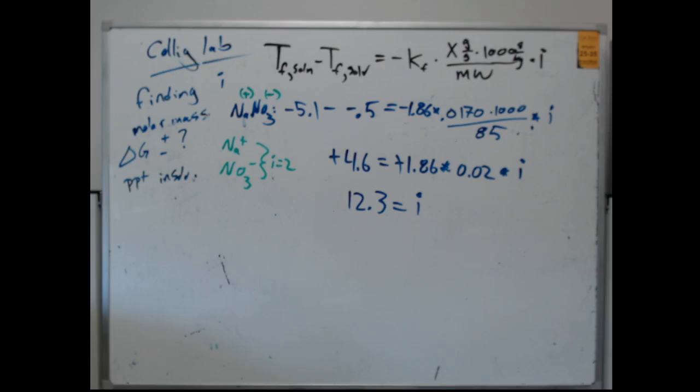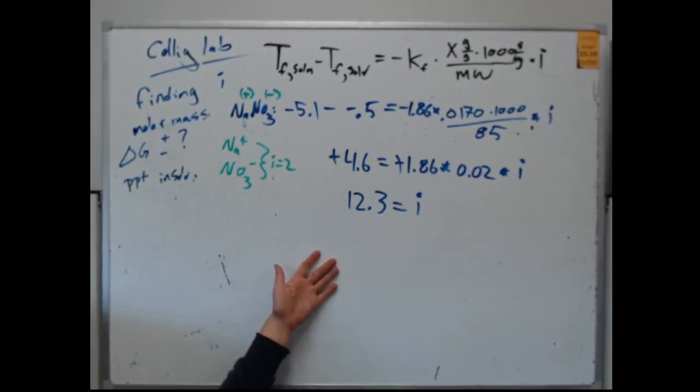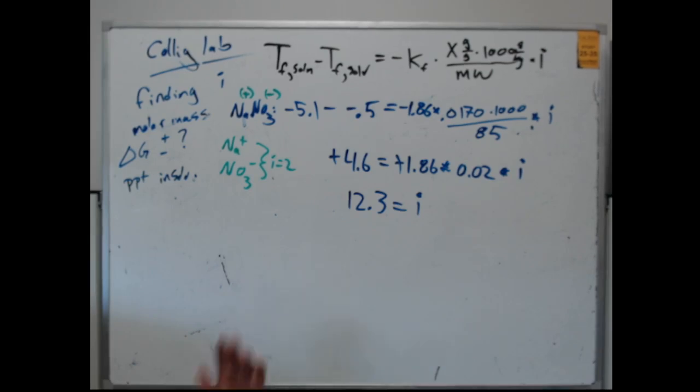You got too much. You got something else in there. If you use tap water instead of deionized water, tap water has all kinds of junk in it. I know we checked things, but this is what this communicates to me: if we've got a Van Hoff factor above 2 for sodium nitrate, there's some other things in there. There's approximately 10.3 other things in there that we didn't take into account.